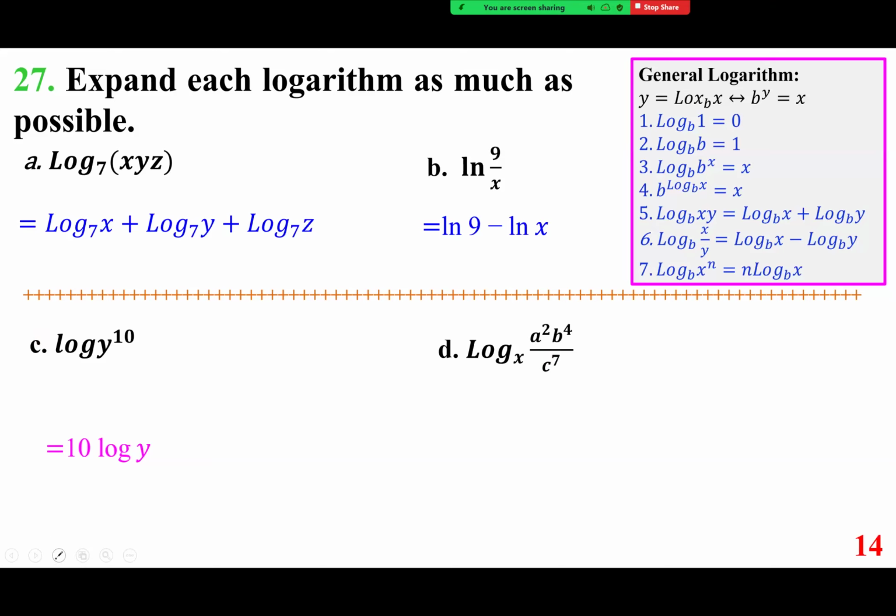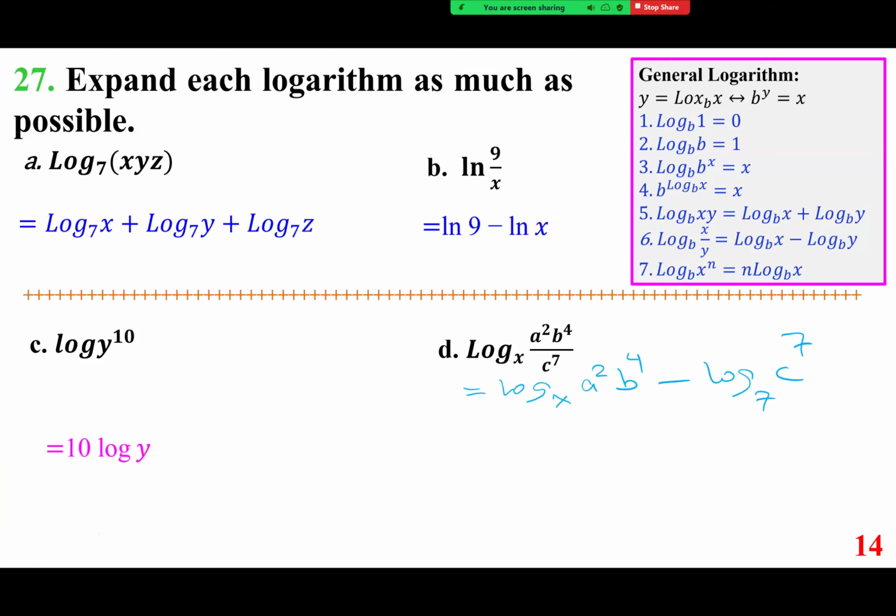This one, you can do it in 1 or 2 shots. So if we were to do it in a couple of steps, we would get log base x of a squared b to the power of 4 minus log base 7 of c to the power of 7.